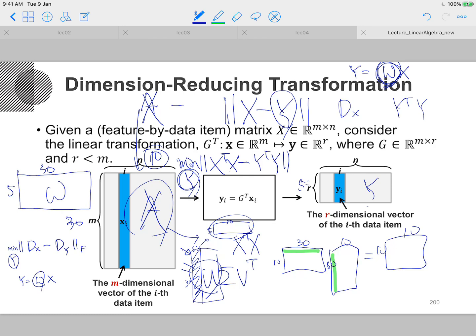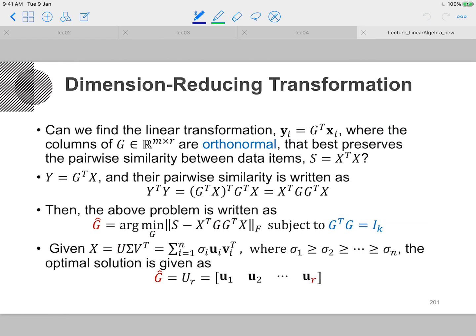So when imposing orthonormal rows in the matrix W, or when forming this G transpose, where the columns of G are orthonormal, it is the same problem as what we discussed before.